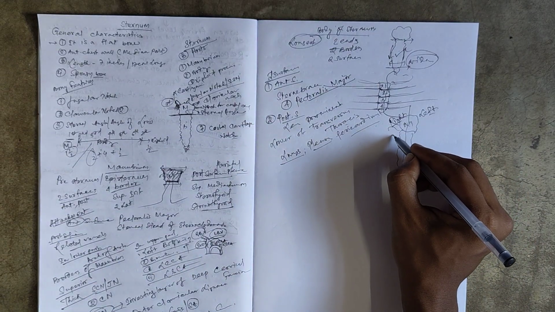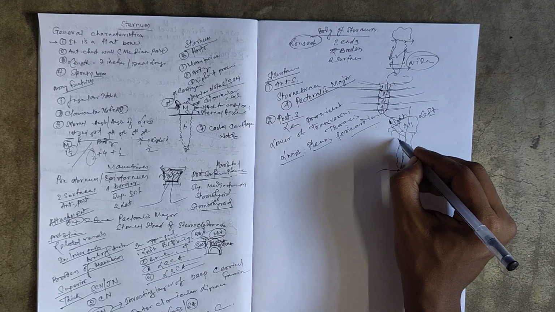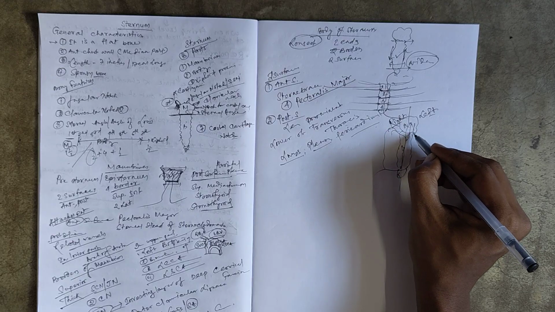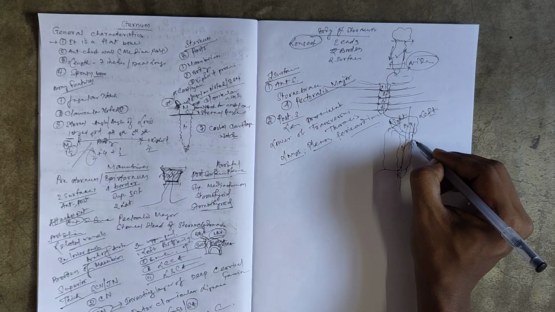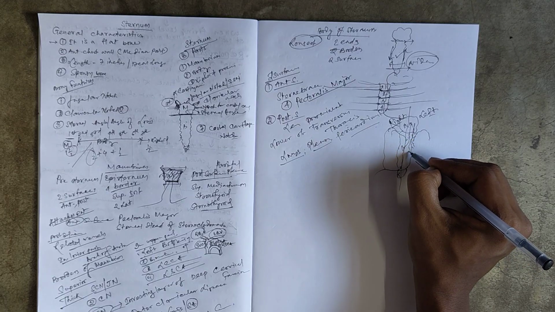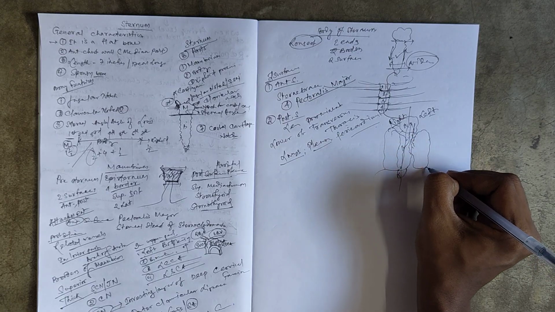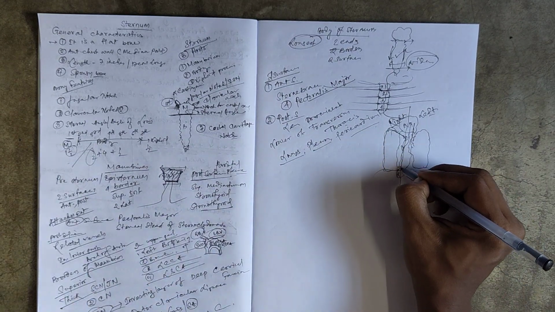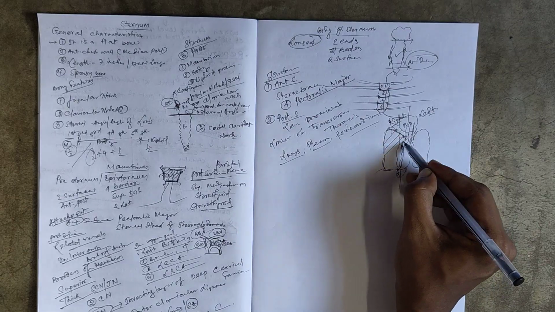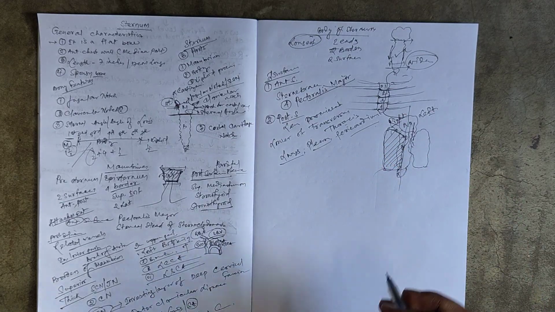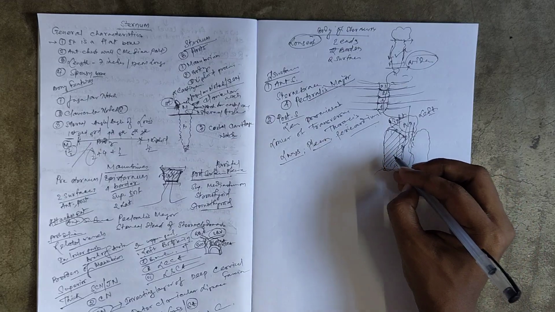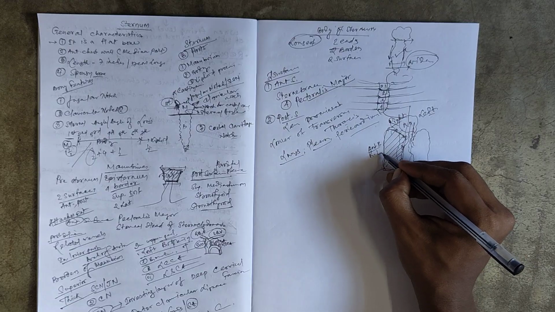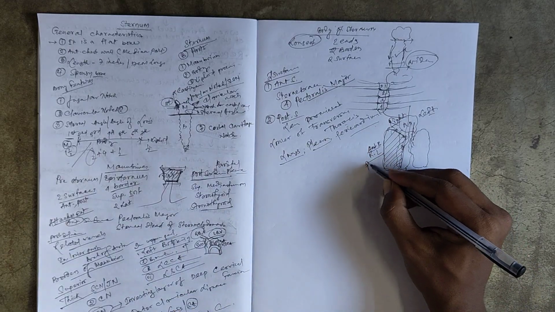Here is the presence of the lung. So this is the lung. And when you see that, you can find in the right side the presence of the anterior border of the right lung and the pleura.